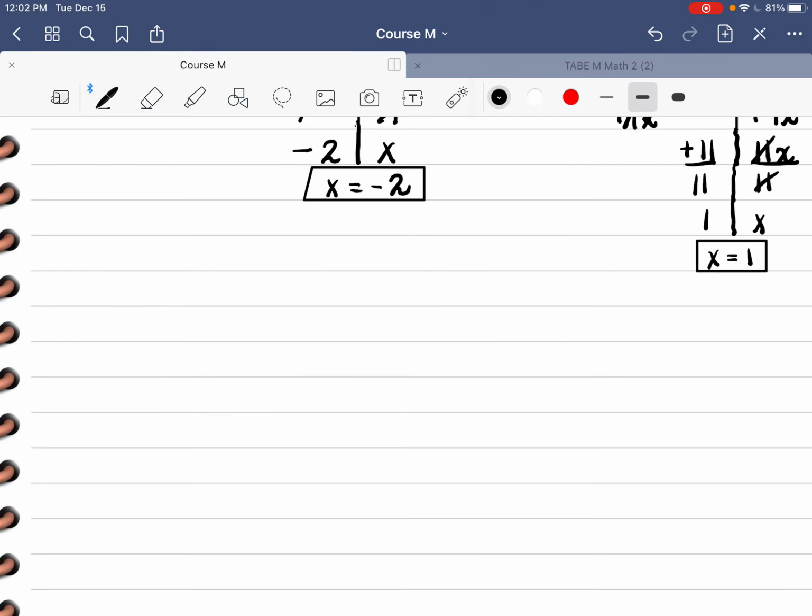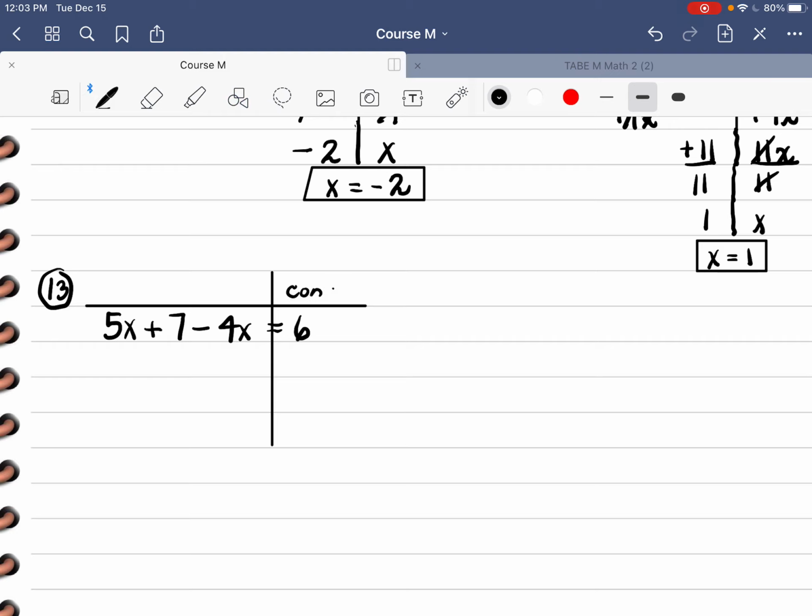Number 13. We have 5x plus 7 minus 4x equals 6. Power t. This is clearly the constant side. This is variable, but we do need to combine some like terms.